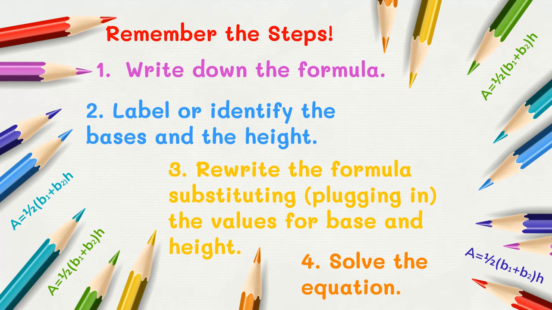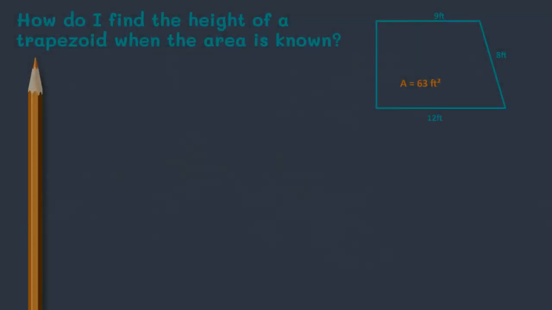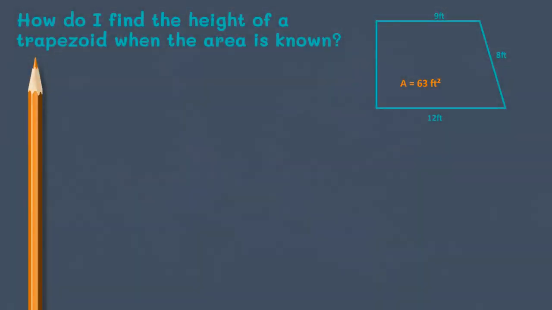Now, one other thing I want you guys to look at is, how do I find the height of a trapezoid when the area is already known? All right, we did something similar to this when you guys were looking at parallelograms also. The steps are still going to be the same. We're going to write down the formula for the area of a trapezoid.